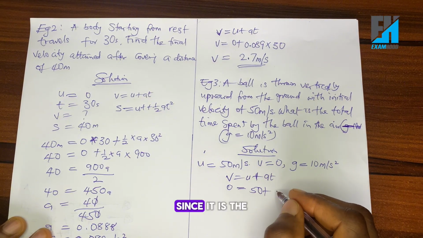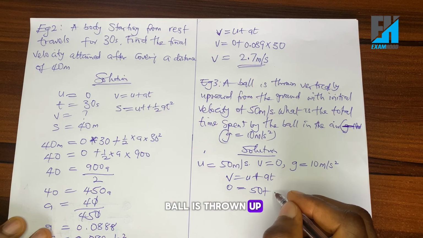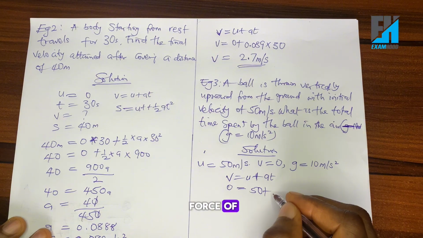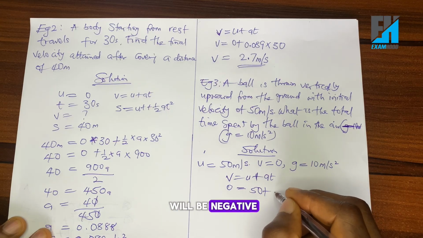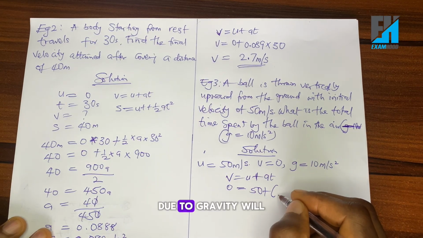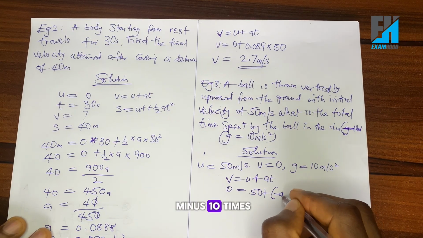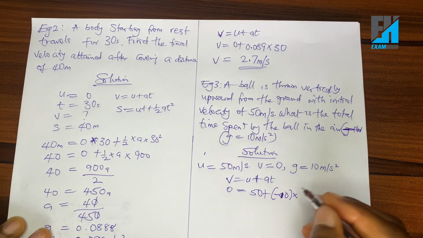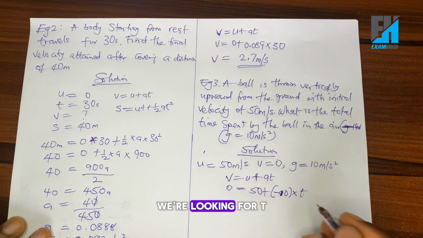Since the ball is thrown up, as it is going up, it will be experiencing a deceleration because of the force of gravity acting on the ball. That force will be pulling the ball back to the earth, so it will be negative. So the acceleration due to gravity will be minus 10, times our time, t, which is what we are looking for.